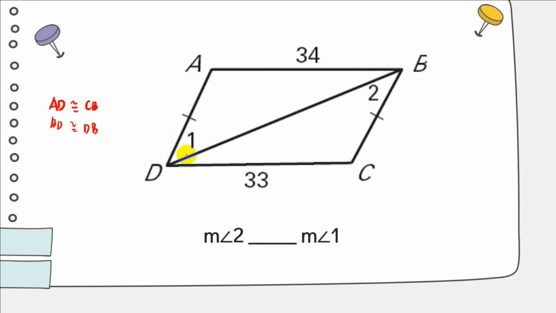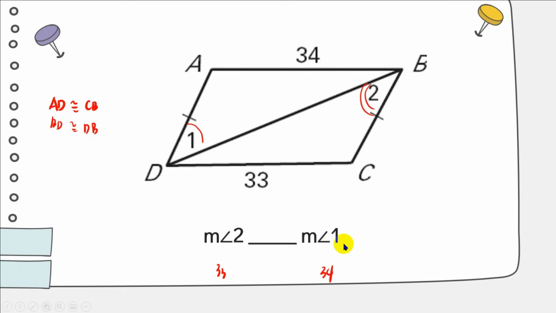Kaya lang, ang tinatanong po dito is yung i-compare natin ang measure angle 1 at measure angle 2. Tingnan po natin maigi yung measurements nung side opposite to them. For measure angle 2, ang side opposite to it is side DC with the measurement of 33. While for measure angle 1, ang side opposite to it is AB at ang measurement po ay 34.